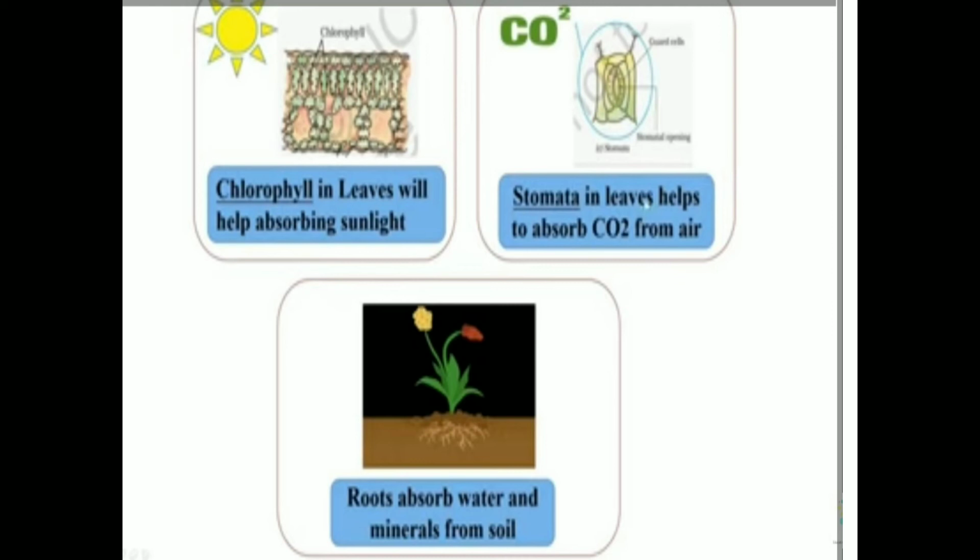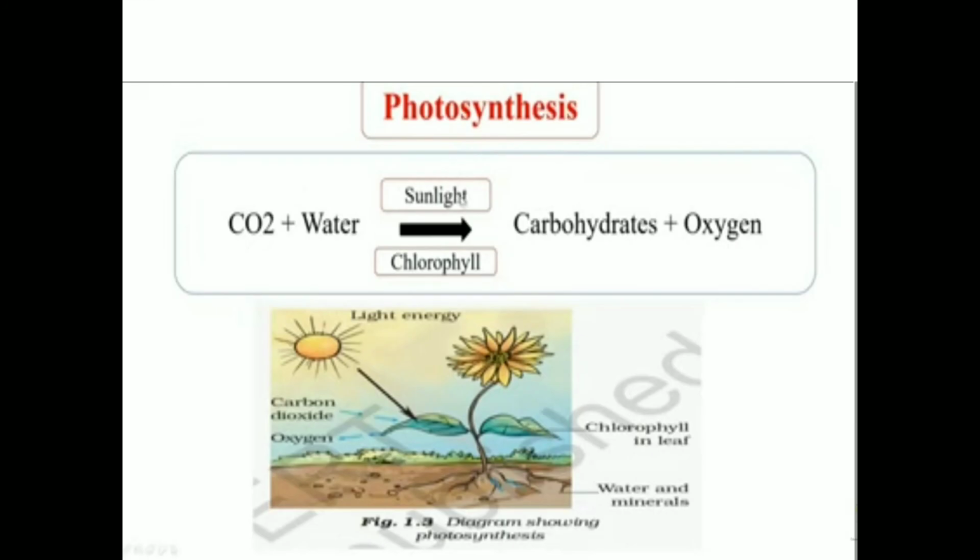Now the process of photosynthesis can be described by this equation. Carbon dioxide plus water, in the presence of sunlight and chlorophyll pigment, produces carbohydrates and oxygen. Oxygen is produced by plants during the process of photosynthesis.